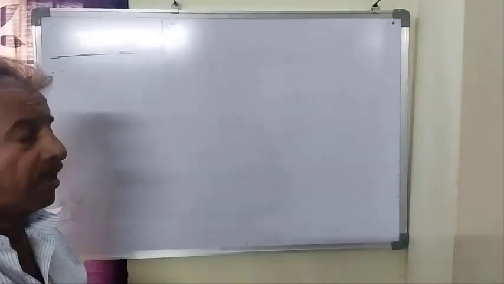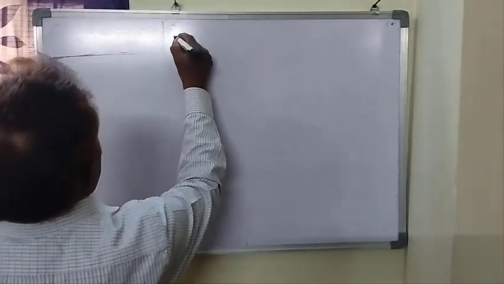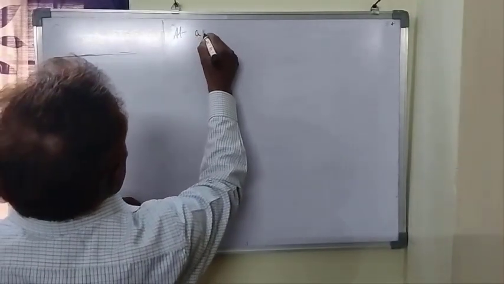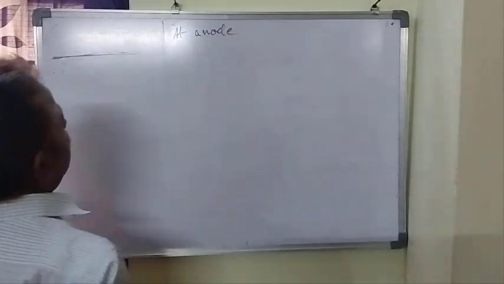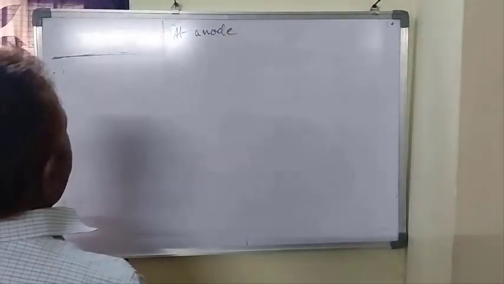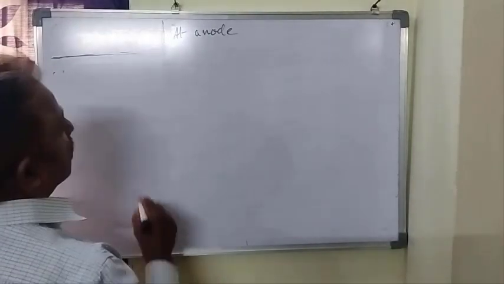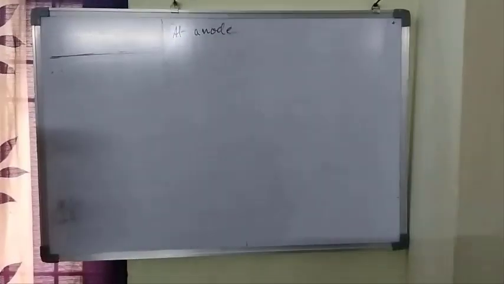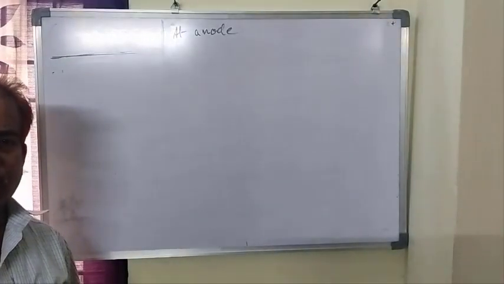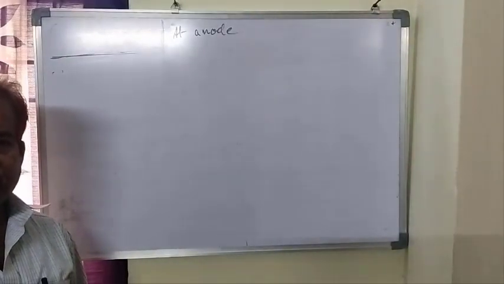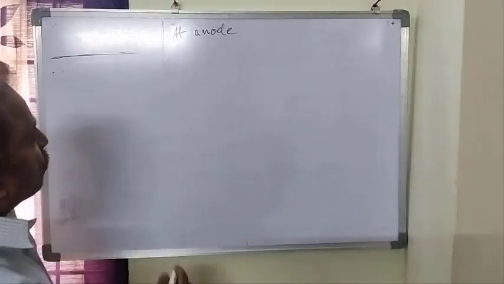Now let us see the products formed at the anode. So, what are the possibilities for anode reactions? Since copper electrodes are used, copper electrodes are active electrodes. Active electrodes means atoms from the electrode take part in the reaction, that is, they lose electrons and enter into the solution.